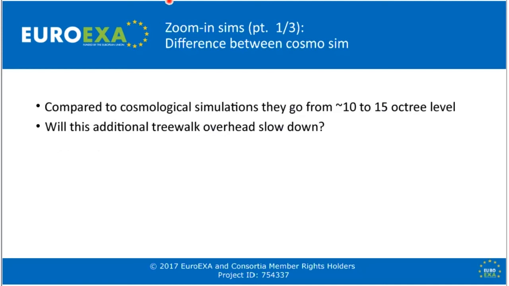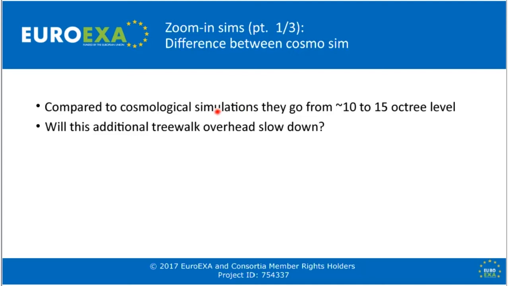Okay, thanks. What I'm doing now is trying to bring zoom-in simulations to GPUs. The difference with the simulations that I presented before is that they had maybe the same number of particles, but packed in a smaller volume, where the tree has a larger inhomogeneity.